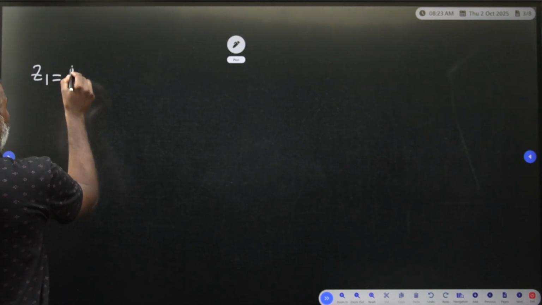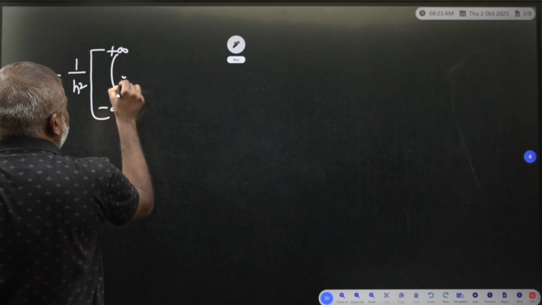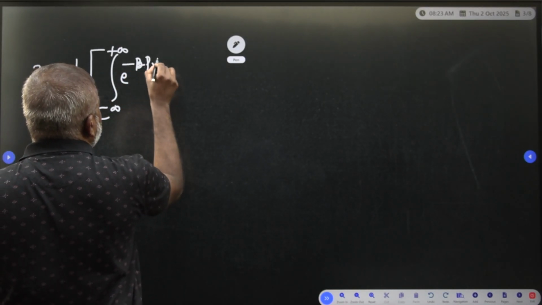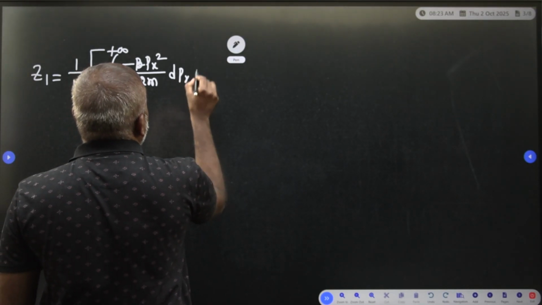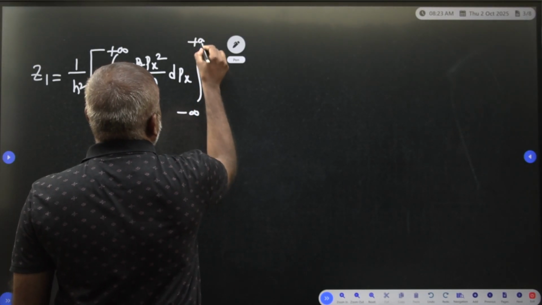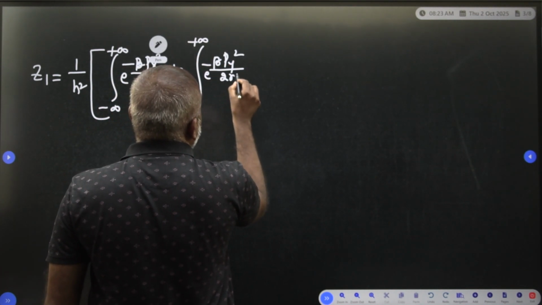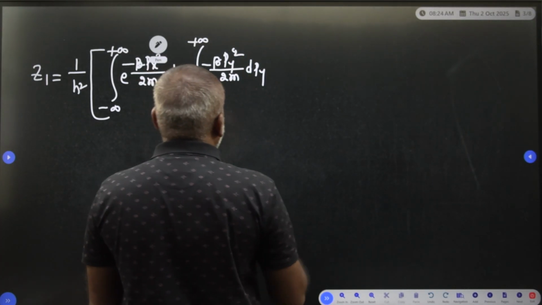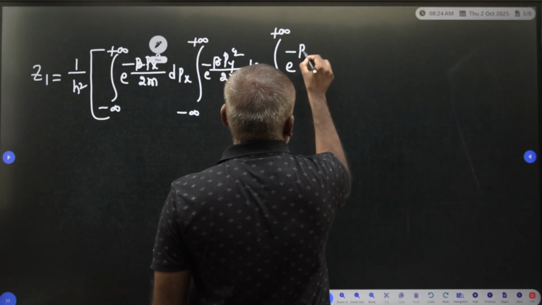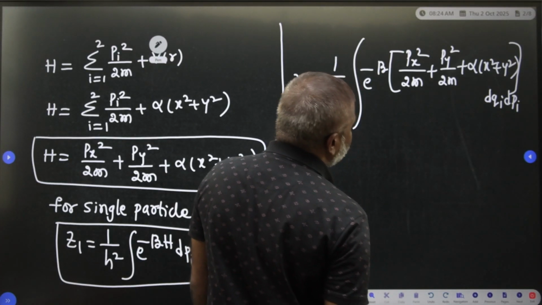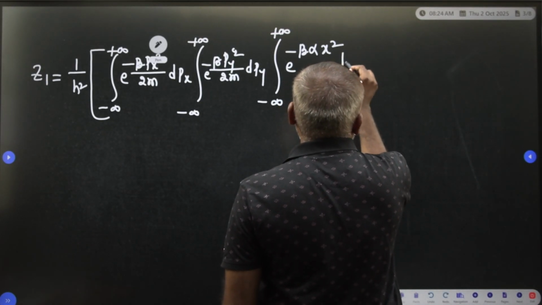Therefore, Z1 is equal to 1 by h square into the integral from minus infinity to plus infinity of e to the power of minus beta p x square divided by 2m, d p x. The next integral from minus infinity to plus infinity is e to the power of minus beta p y square divided by 2m, d p y. Then the integral from minus infinity to plus infinity of e to the power of minus beta alpha x square, d x.